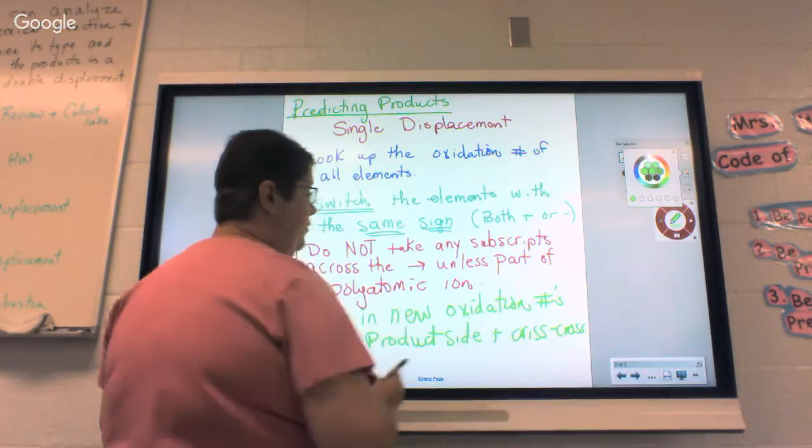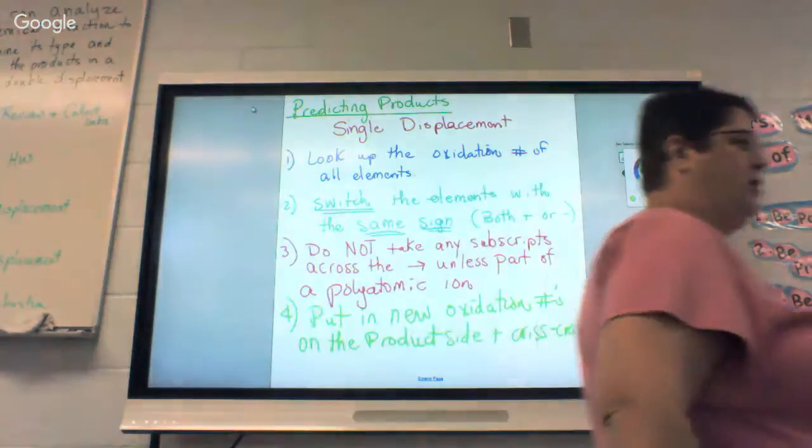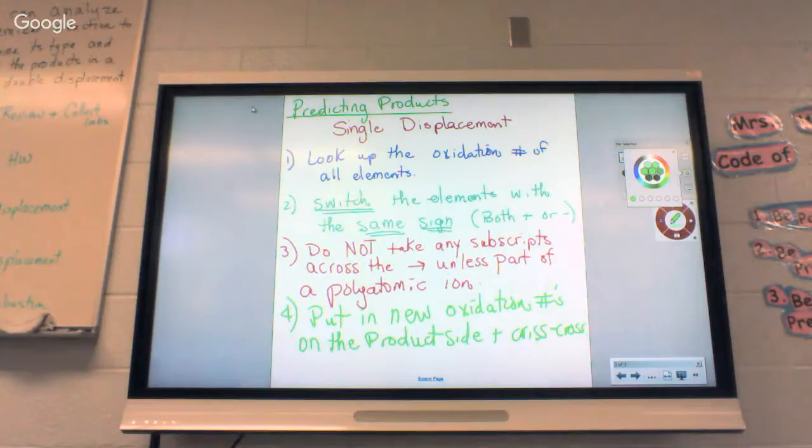This is where, if you stick at word equations and you can't write the name of a formula using oxidation numbers, it's going to be difficult for you to do this. If you do well with it, this should not be an issue.